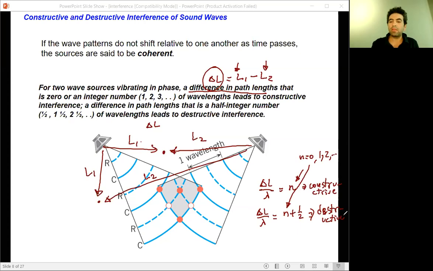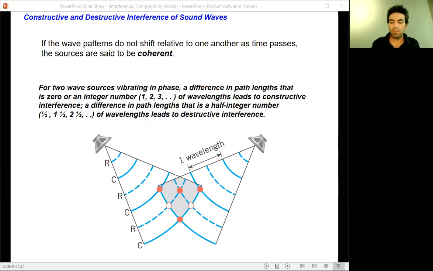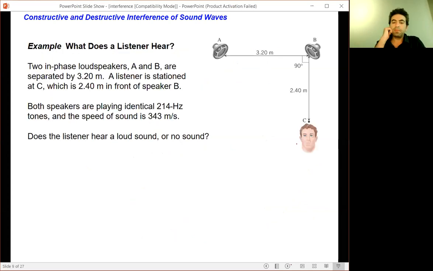Okay, let's see how this plays out in a problem. So here's a question. Suppose I have two loudspeakers A and B, and the word in phase here means that they start out crest at the location of the speaker itself, they're vibrating with the same phase.